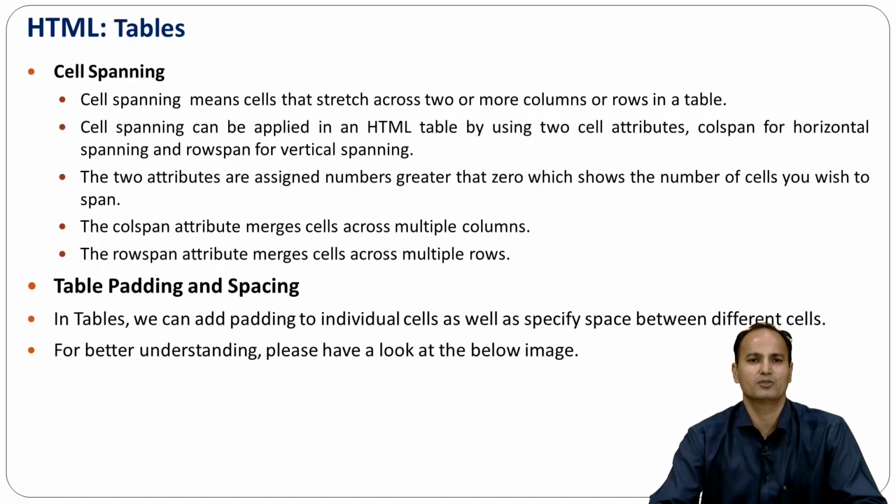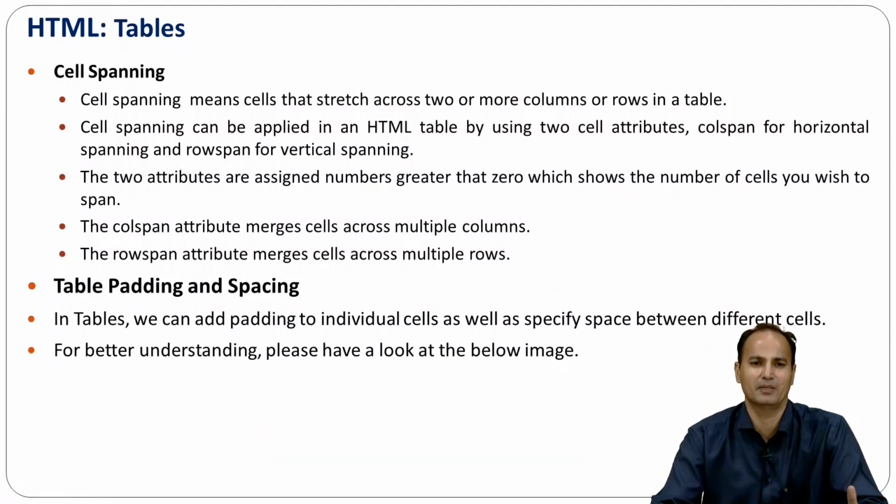The two attributes are assigned numbers greater than 0, which shows the number of cells you wish to span. The colspan attribute merges cells across multiple columns. The rowspan attribute merges cells across multiple rows. So colspan is used for merging columns and rowspan is used for merging rows, in simple words.